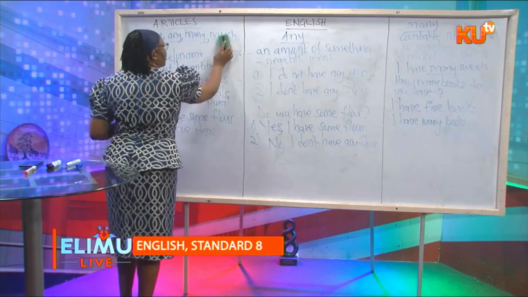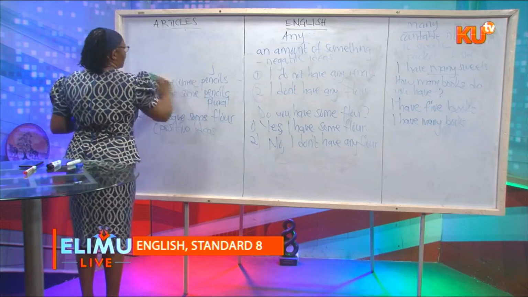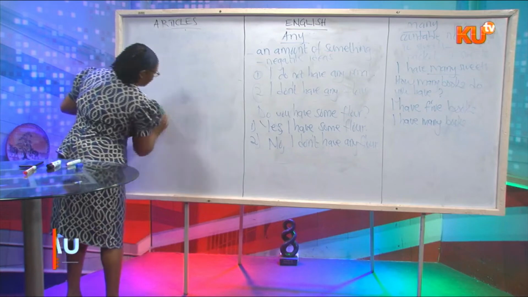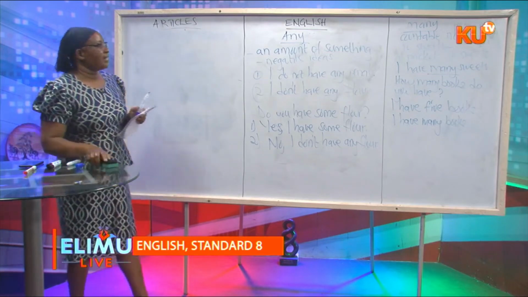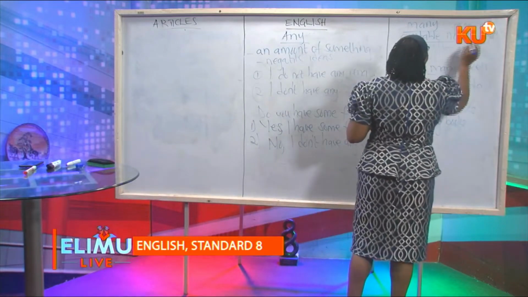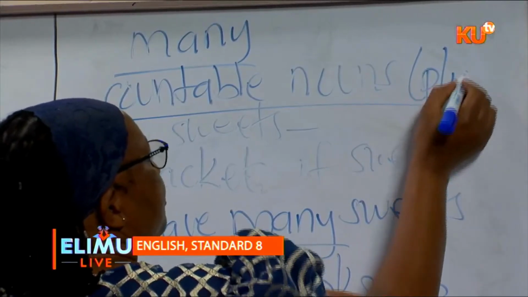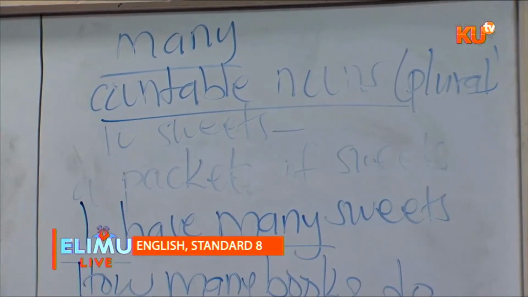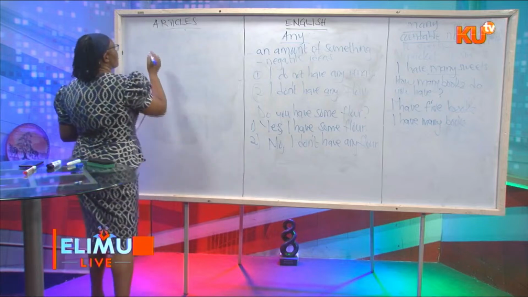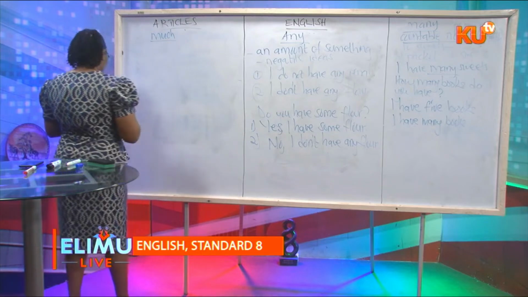Now we use the word much. We look at the uses of determiner much and how it can be used in a sentence. Now we have said that the word many is used with countable nouns, and the countable nouns are in plural. Then we move on to the word much.